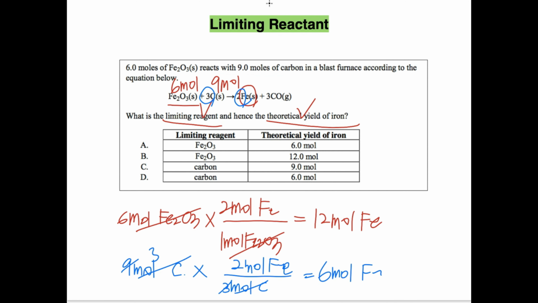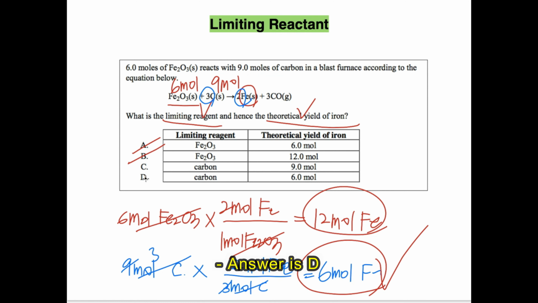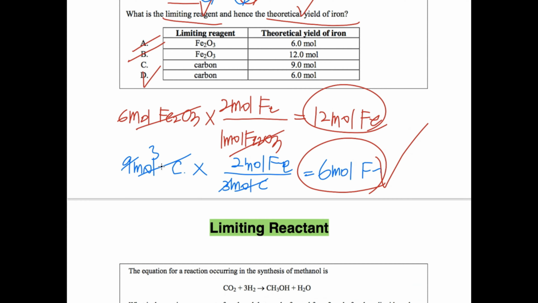So Fe2O3 will produce 12 moles of iron, and 9 moles of carbon will produce 6 moles of iron. So which one is the limiting reactant? Carbon, because it produces the least amount of iron. So we can eliminate A and B from our answer. And it will give us a theoretical yield of 6 moles of iron. So the answer will be D.